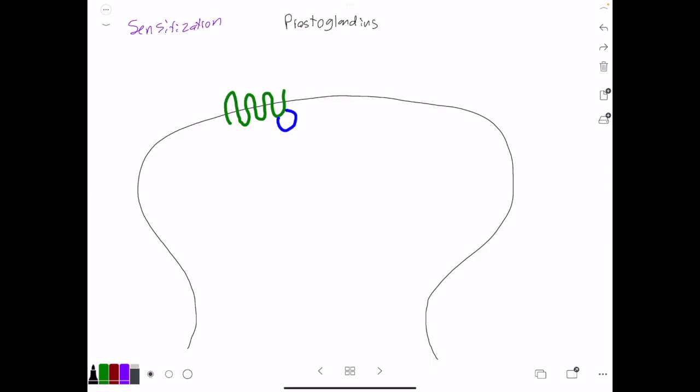And so prostaglandins are lipid compounds. They're derived from the membrane. And we can think of these as hormone-like, or a signaling molecule.